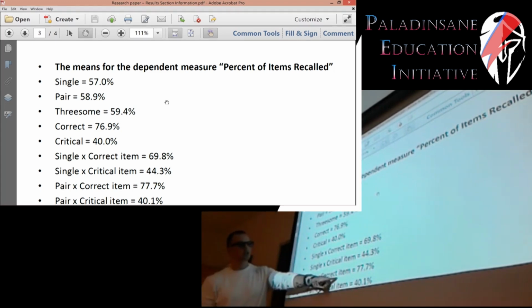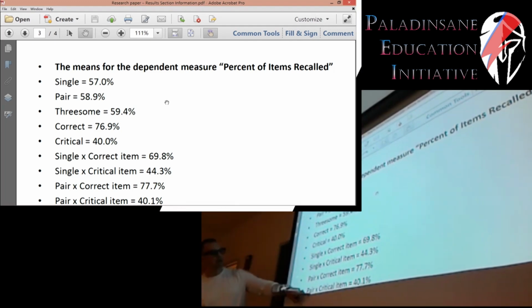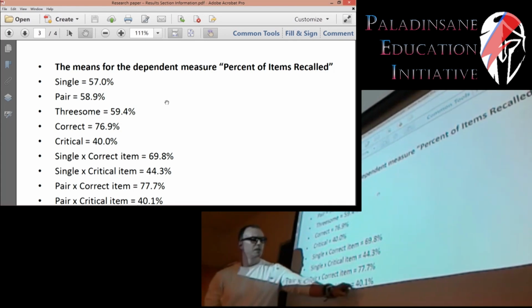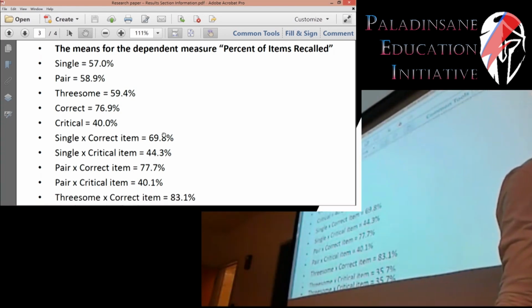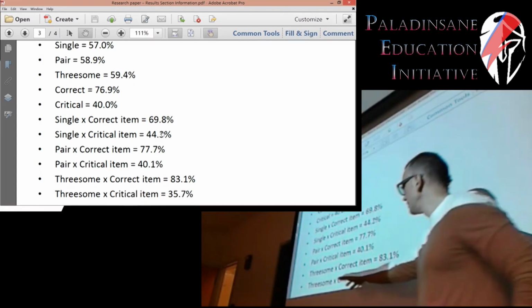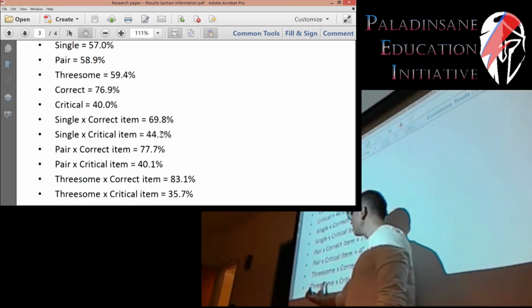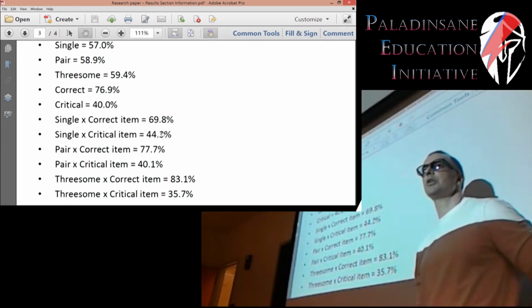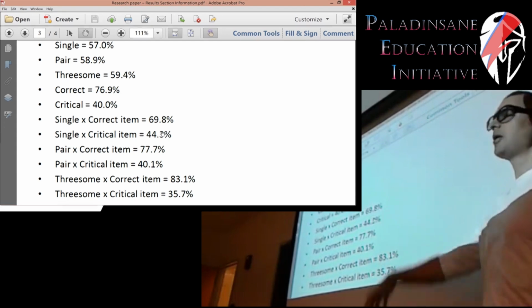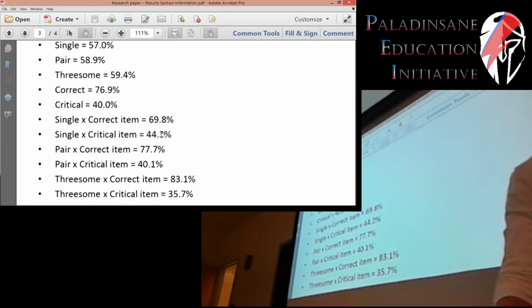Pairs recalled correct items at a rate of 77.7%. Pairs recalled critical items at a rate of 40.1%. And then finally, groups of 3 recalled correct items at a rate of 83.1%. Groups of 3 recalled critical items at a rate of 35.7%. So those are the numbers that we're going to report in this results section.